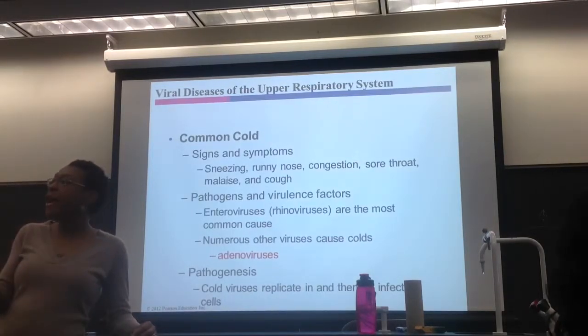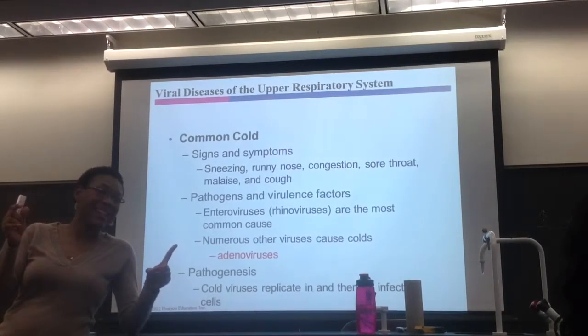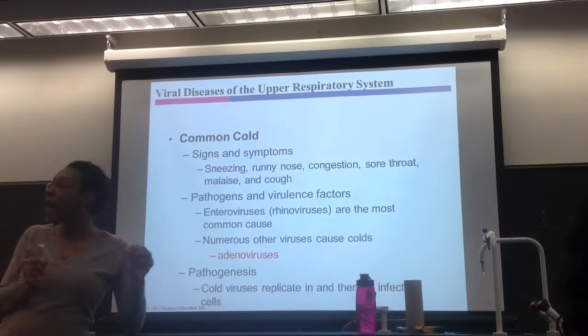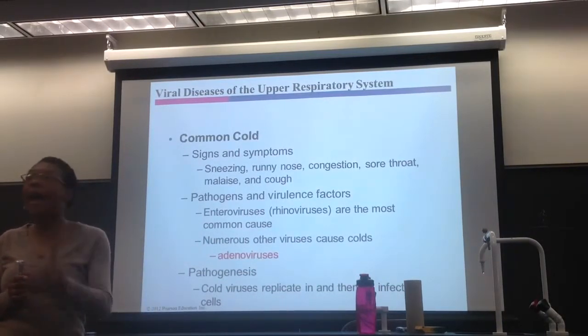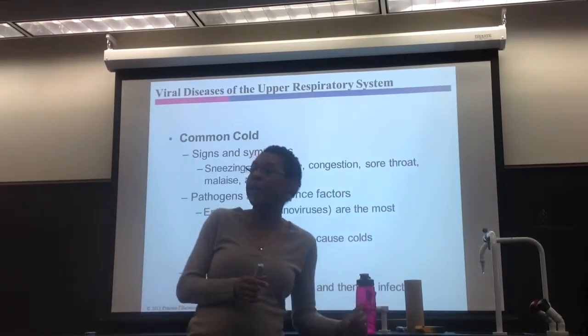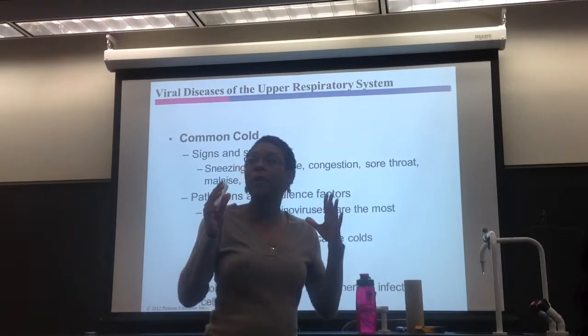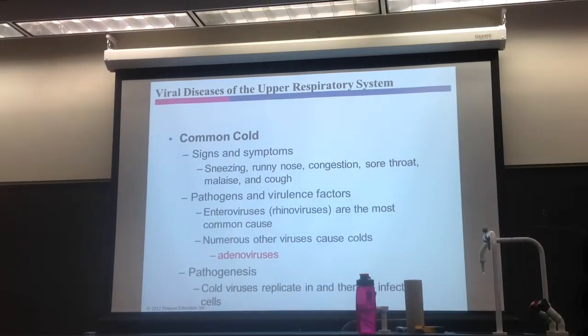And you understand that in order for a virus to make you sick, it has to do what? Before it replicates, it has to adhere. It has to adhere to your cells, make sense? That should be common knowledge at this point. So the common cold has adhesion factors that adhere to the upper respiratory tract only.